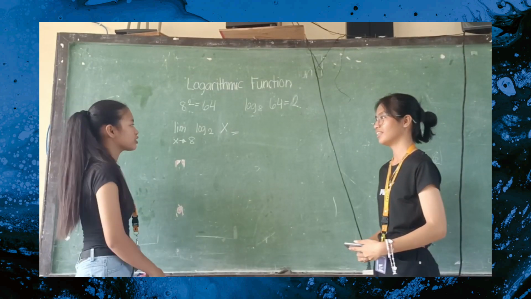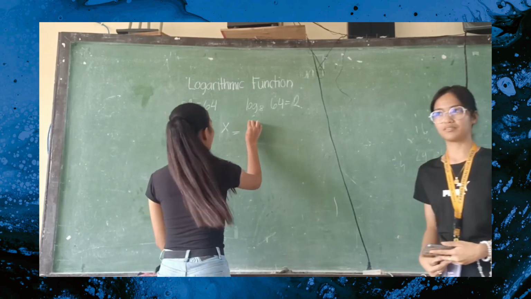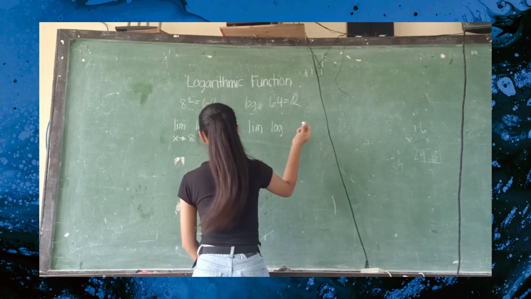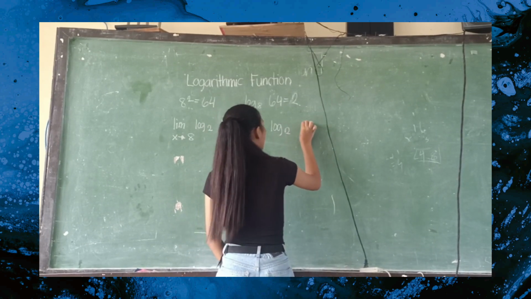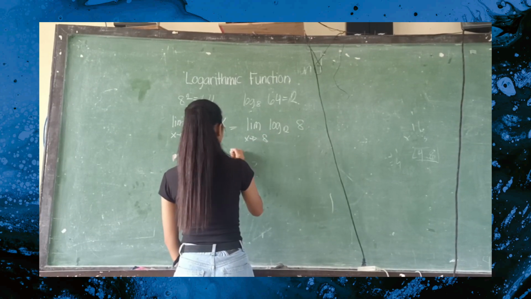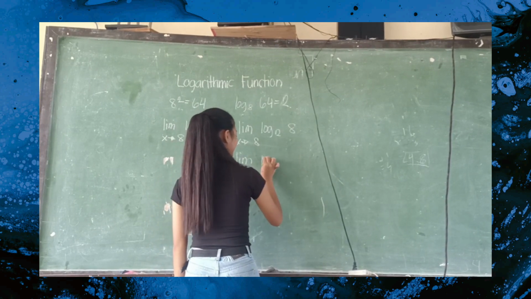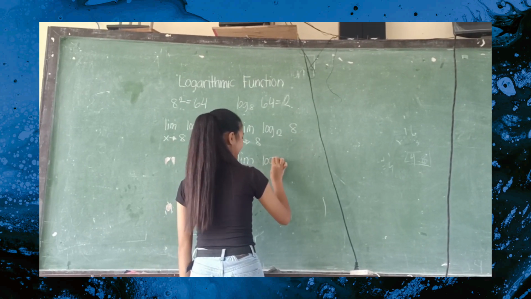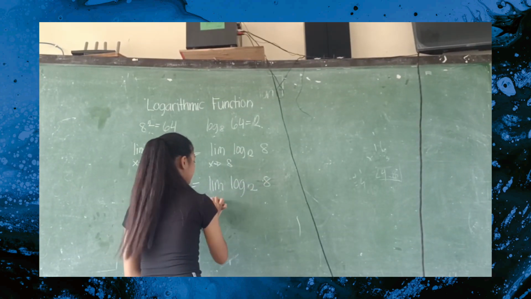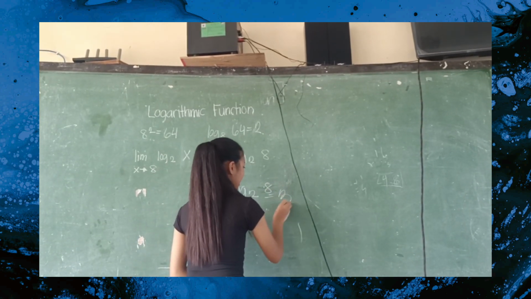Limit of log base 2 of x as x approaches 8 is equal to limit of log base 2 of 8 as x approaches 8, which is equal to 3.